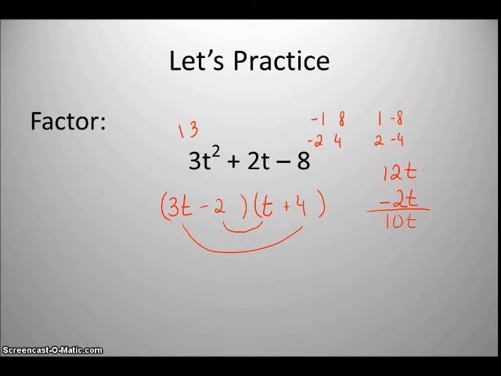Well, if it doesn't work this way, let's just reverse it. So let's try positive 4 and negative 2. So positive 4, negative 2.